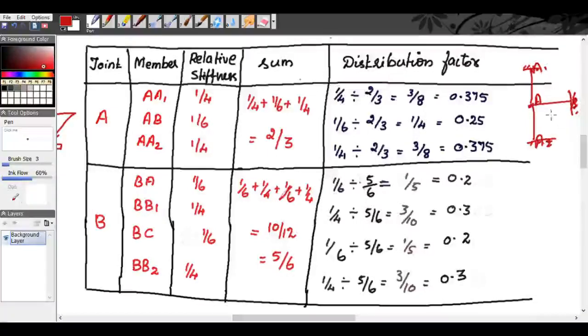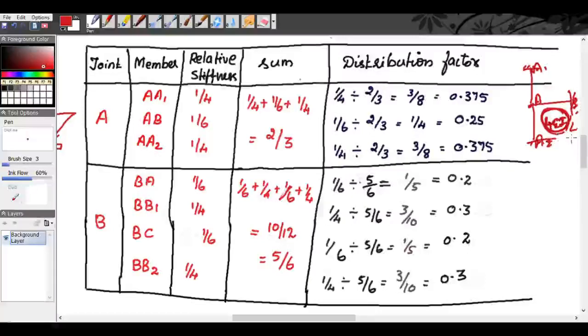So for fixed support the relative stiffness is 4EI by L. Everywhere it is 4EI by L. We will omit this 4EI because it is common for all the members, because I is uniform throughout, E is also the same, and this 4 is also the same.